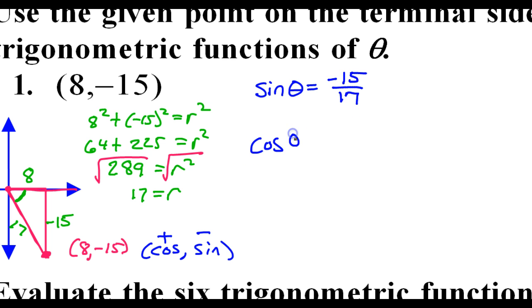Cosine is adjacent over hypotenuse, so that'll be 8 over 17. And tangent is opposite over adjacent, so that'll be negative 15 over 8.